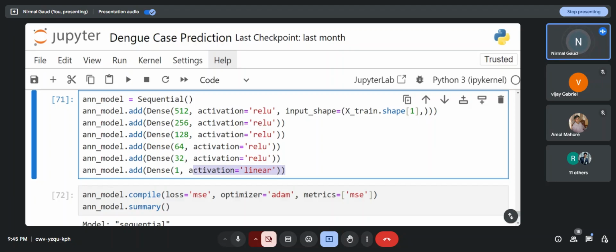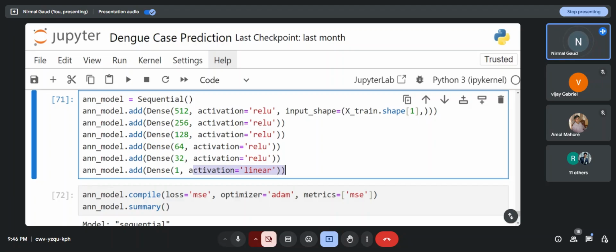Just in case, I was thinking, okay, it's a regression problem, so I am taking a deep learning architecture. Linear means wx plus b. Whatever x is as an input will be multiplied by the weight and added to the bias. So just follow the linear equation wx plus b. ReLU is non-linear. If any value less than 0 is given to ReLU, the answer is 0.